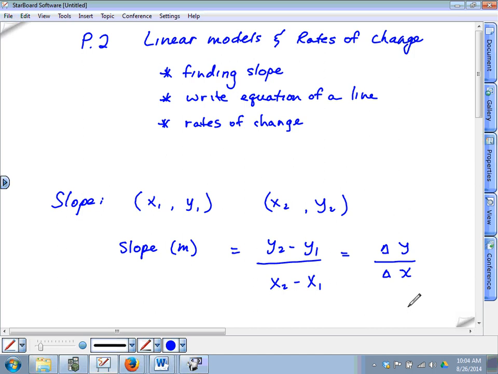Okay? True or false? All linear functions have a slope. False. Well, let me rephrase that. I'm going to take out the word function because that kind of changes things. Any linear equation has a slope.